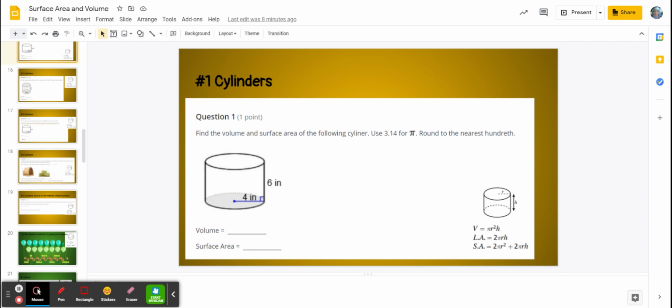For the cylinder, it's like the label on the soup can, the sides and not the bases. Lateral area of the cone is like the teepee part, not the base. Lateral area of the pyramid is the triangles, not the square at the bottom.